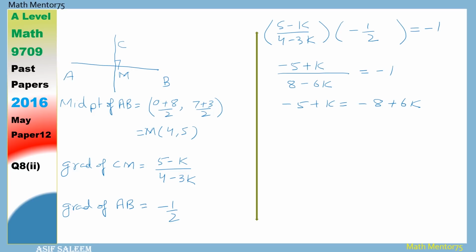Take this 8 on the left hand side, -5 plus 8 is 3, and that will become 5k. Simplify this, 3 over 5. So k is equal to 0.6. The value of k is 0.6 if C lies on the perpendicular bisector of AB.